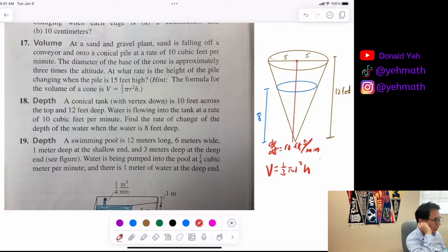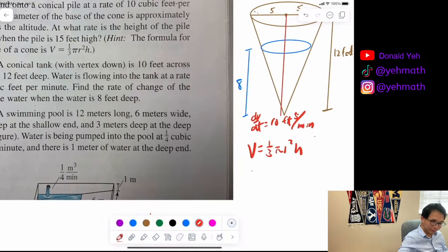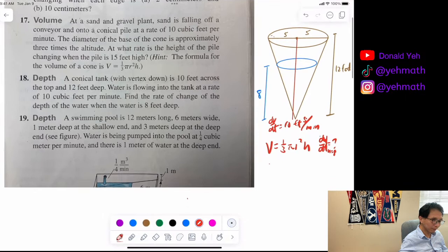What Tony says? dh, good, the height. So dh dt is the unknown, right? So that's a question mark. Then the straight line when h is equal to 8. So that's the start with. Is that okay?